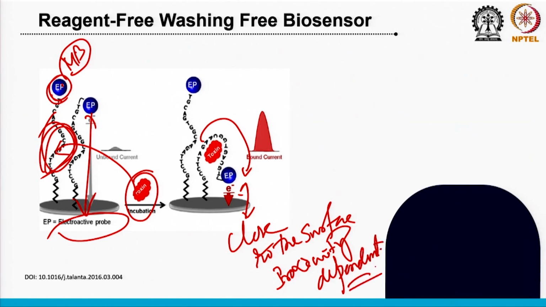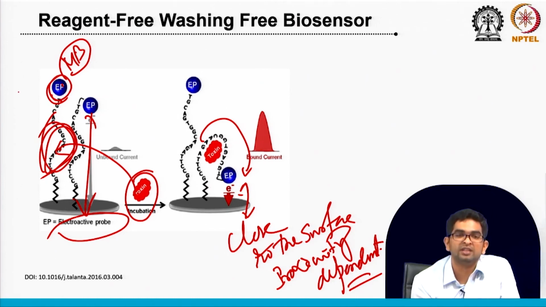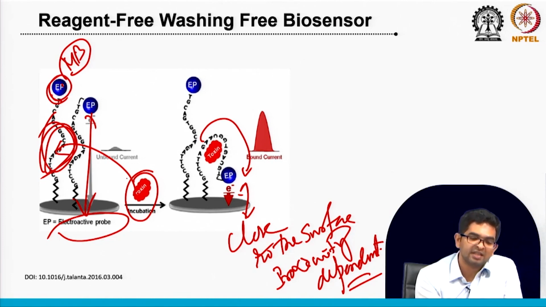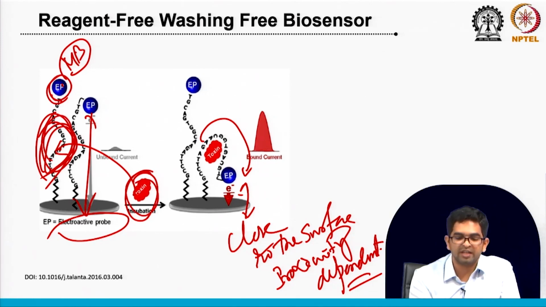So what is the concept? At the very beginning your electroactive probe was very far from the surface, because there was no target, and we design it this way. And if target is present, there is a very specific part, and this part will bind with your target and it will fold, and your electroactive piece comes near to the surface.